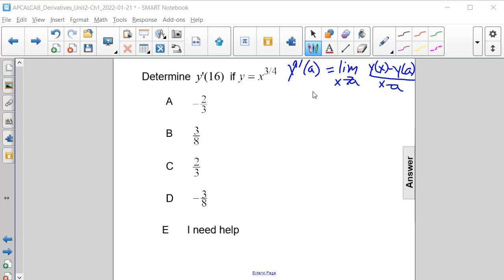So let's start off by determining what y of a is, which is really y of 16.